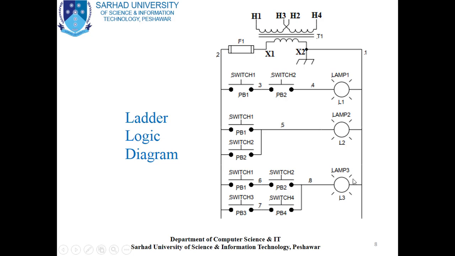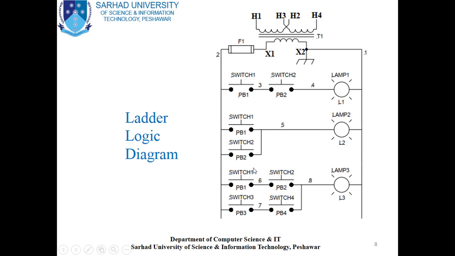So this is lamp 3. If we press switch 1 and switch 2 simultaneously, lamp 3 will be turned on. If we press switch 3 and switch 4, lamp 3 will be turned on.